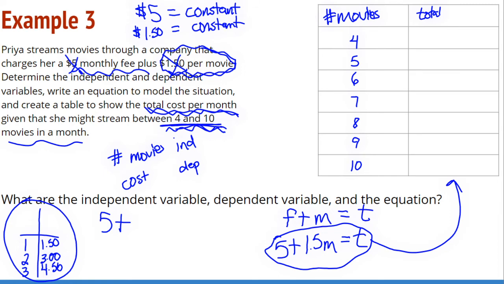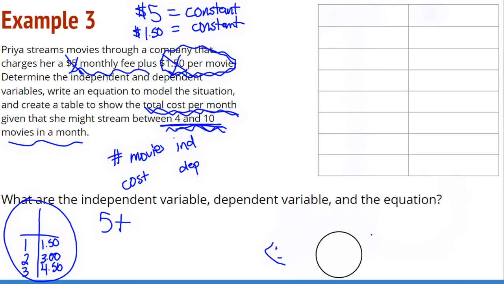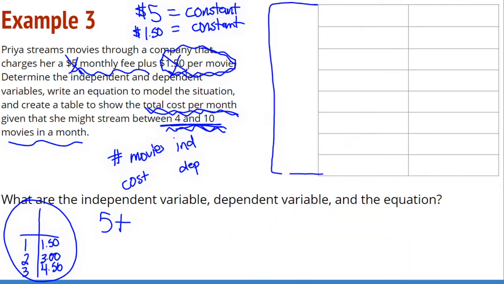So I could actually, and maybe this would be helpful, I'm going to add a third column to my table here. And I'm going to have this be the flat fee. She pays $5 every month. And we've got the movies, which is the price of the movies is going to be $1.50 per movie.